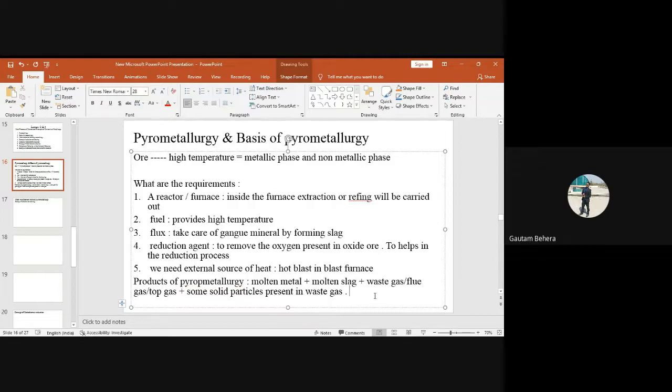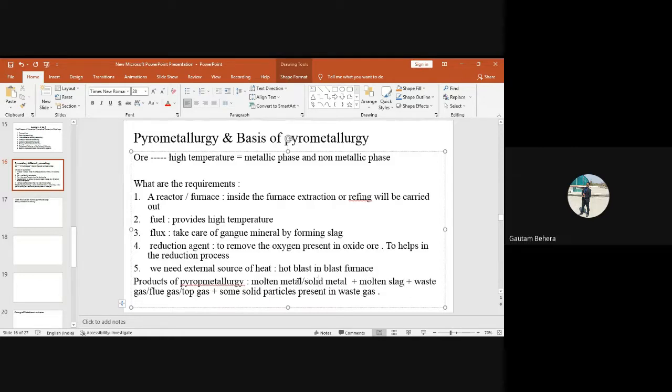Whenever you are doing pyrometallurgy, the condition is what? I can write molten metal or solid metal to prevent confusion. Similarly, you have to remember, if solid metal forms, then no slag will form, right?